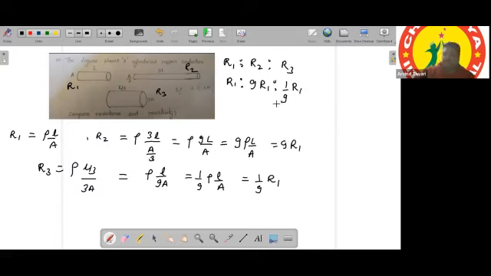If you multiply all with 9, you get 9 : 81 : 1. So this is the ratio of R1 : R2 : R3. The maximum resistance is that of R2.